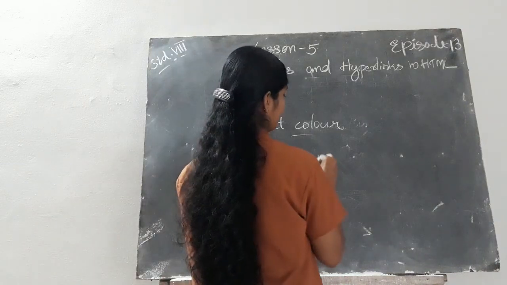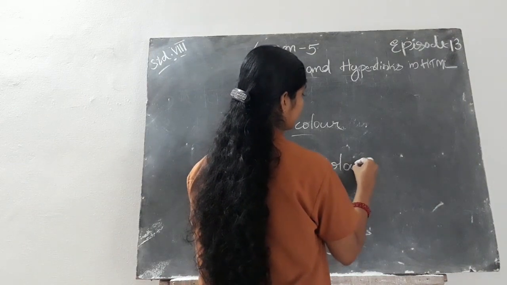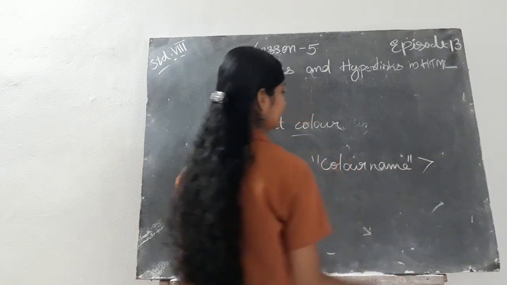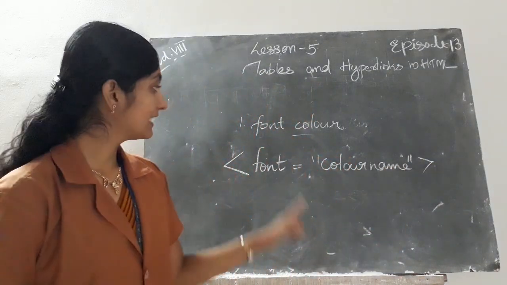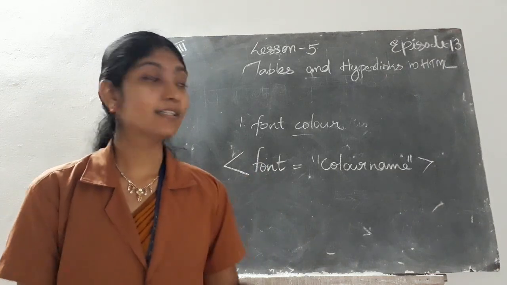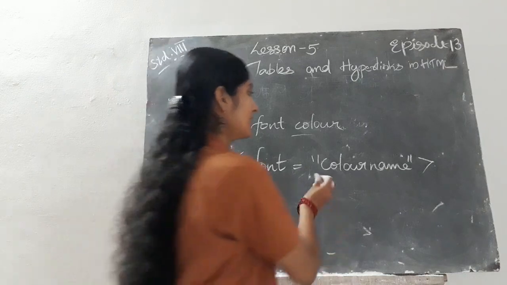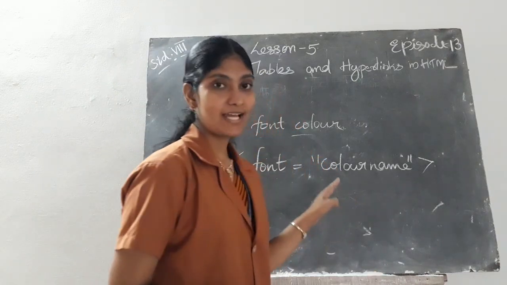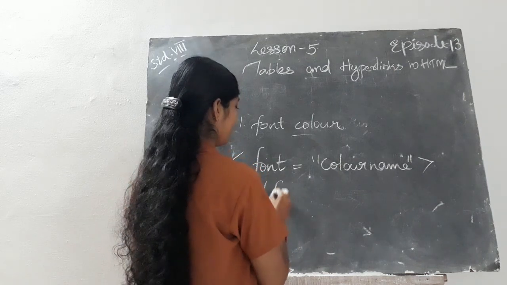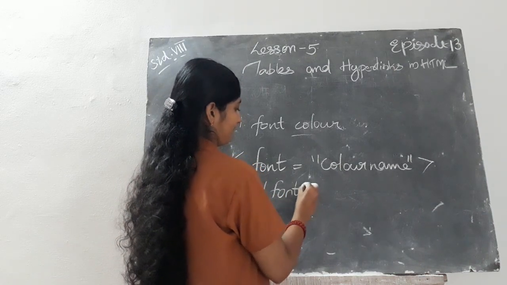You can select your color from here. That is font color. So the syntax is font equal to, within the double quotes you can write the color, and then this is the closing of the font tag.